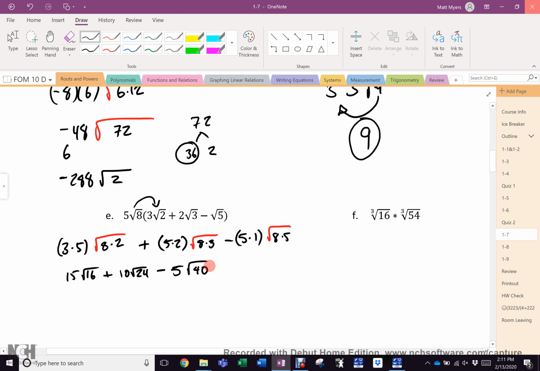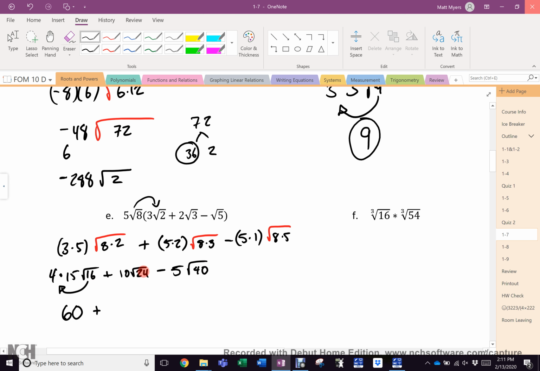Now, I'm done all the new stuff, haven't I? I've done the multiplying. So now all that's left to do is old stuff, which is simplify. Does 16 have a square root? What is it? So what comes out? What's already there? 4 times 15 is 60.